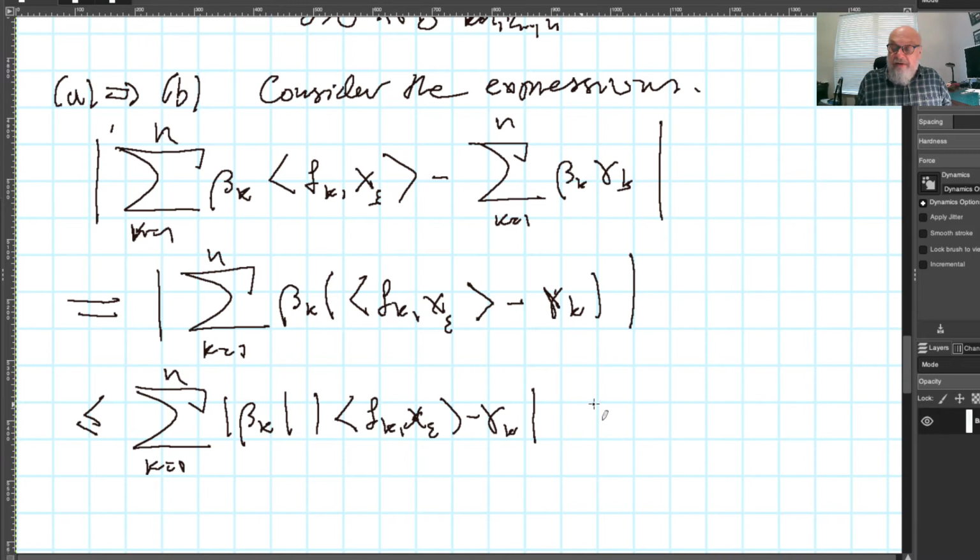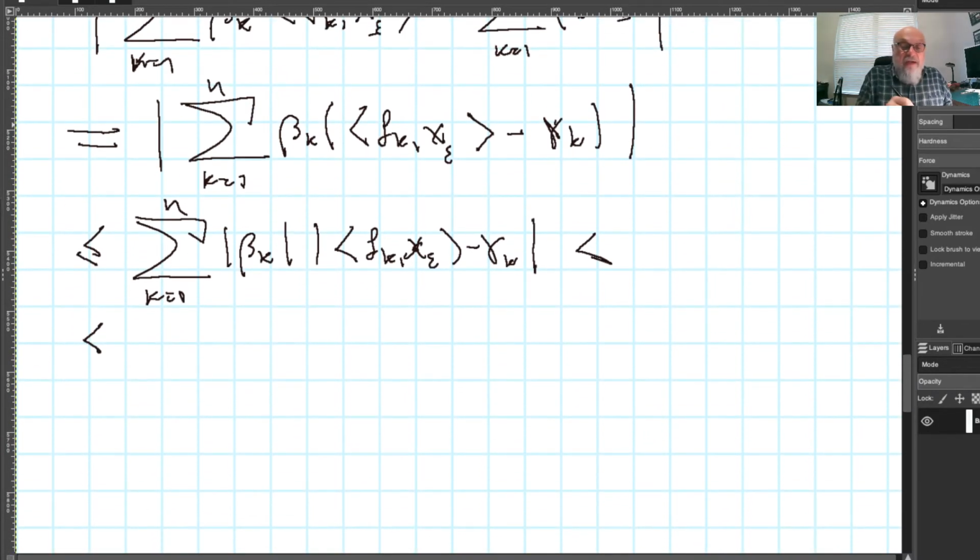Right now, that one is of course strictly smaller by condition A. This is by condition A smaller than epsilon.